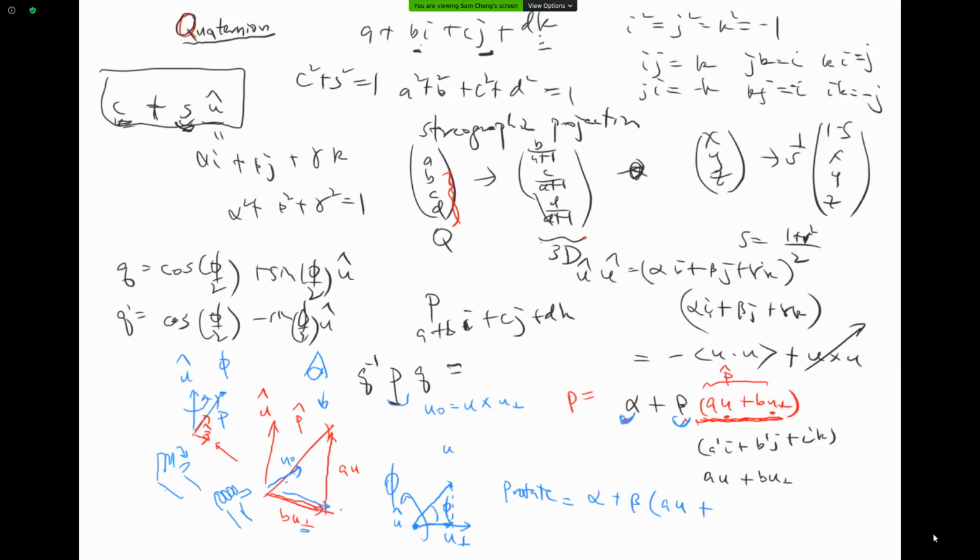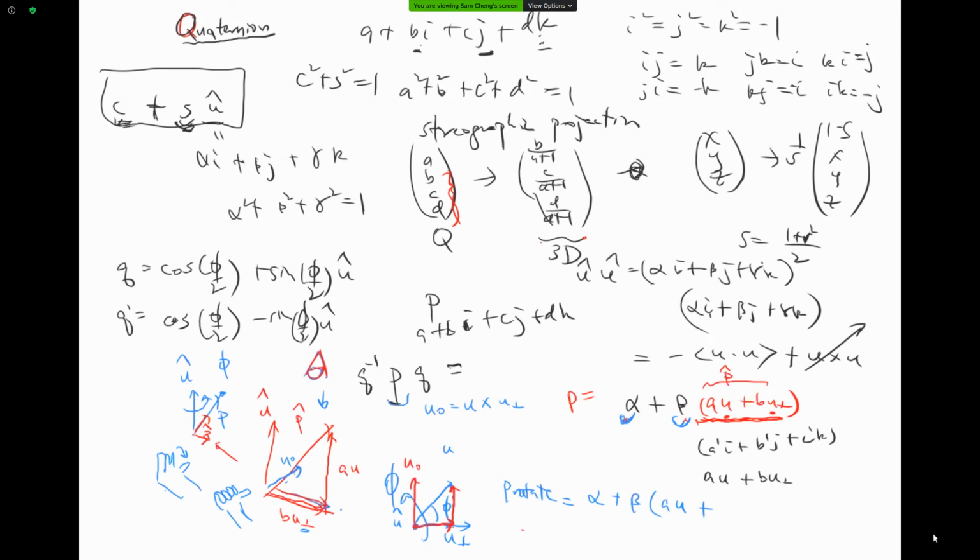This direction here is U0. Again, if my eye is looking downward, U hat is directly pointing out of the screen, U perpendicular is pointing just to the left, and U0 is pointing in this direction.